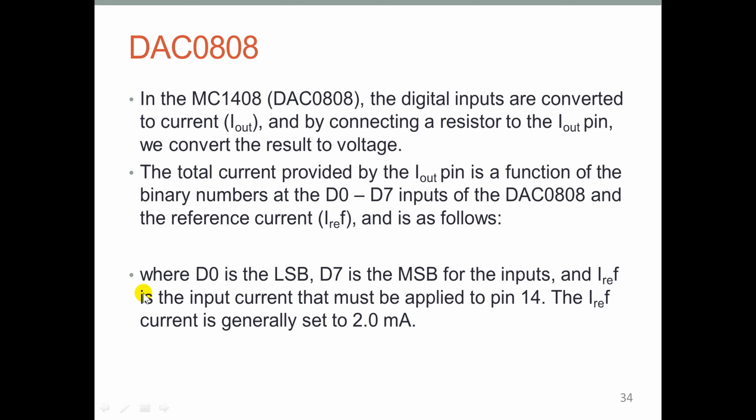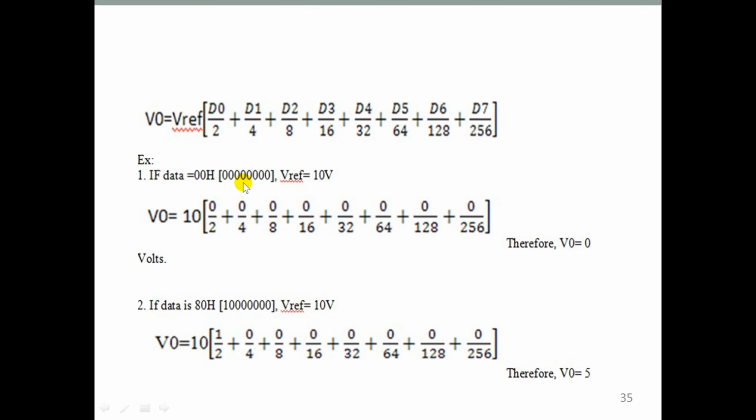D0 is the least significant bit and D7 is the most significant bit for the input, and the reference current must be applied to pin number 14. I reference current is generally set to 2 milliamps. That's how the DAC works.